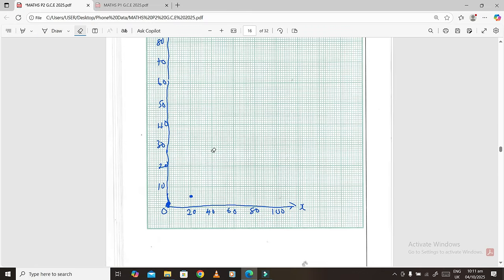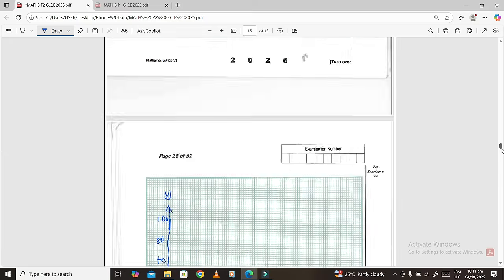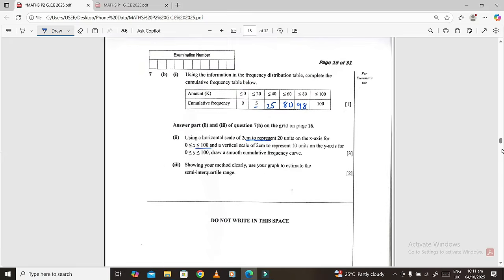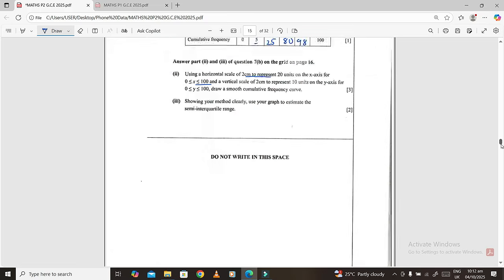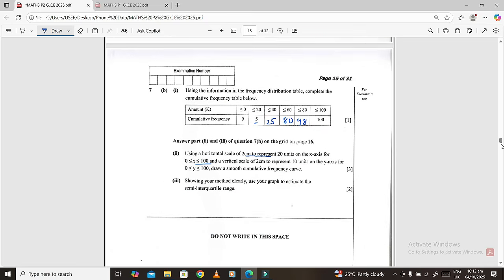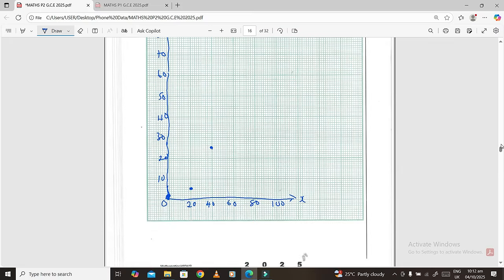The next one is 40,25. So this is 40, and 25 must be somewhere here. Let me repeat again. 1, 2, 3, 4, 5. It's right over here. The next one is 60,80. This is very easy to do because it's falling right over here. The next one here is 80,98.